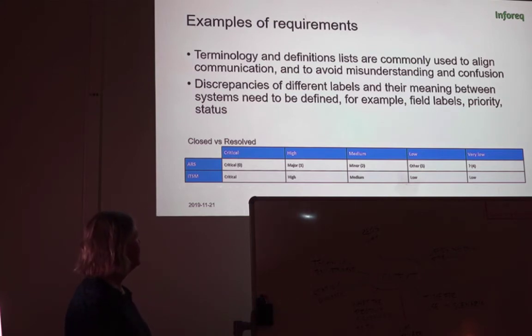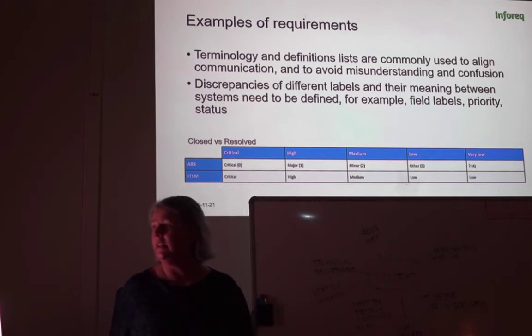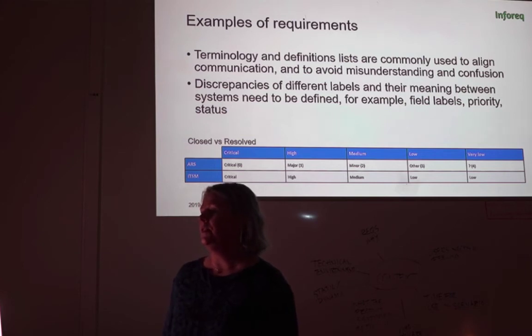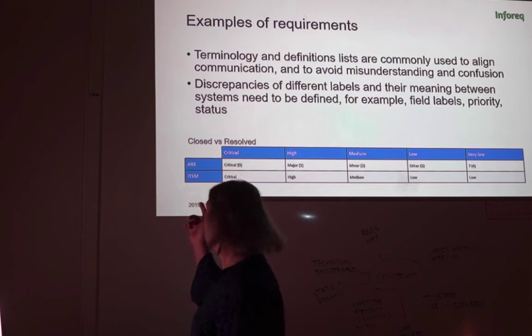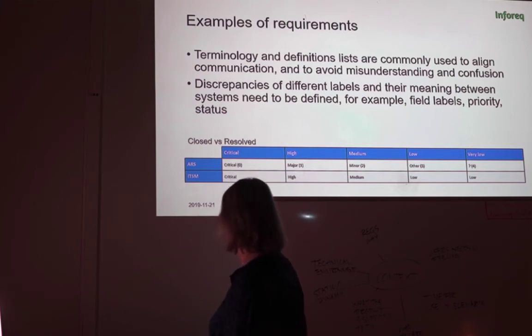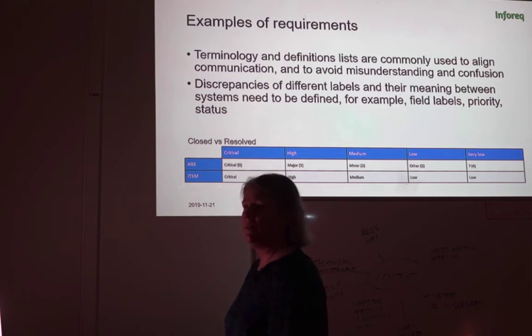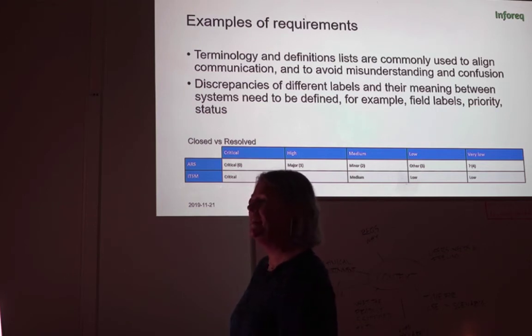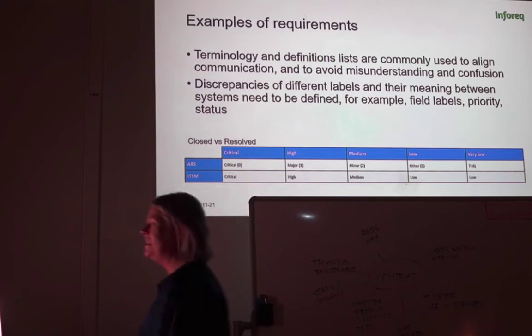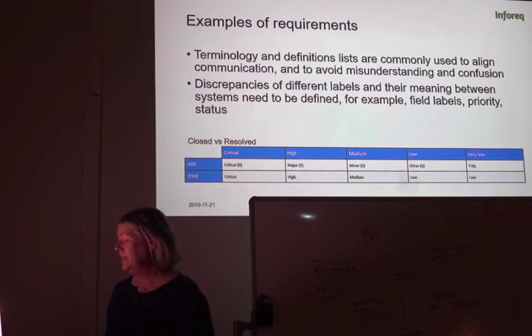They had two systems that should be integrated through field mapping, but one system used the word closed and the other resolved, and they had different settings for priority. The one system had five different priority statuses and the other just four. So it's important to align information.